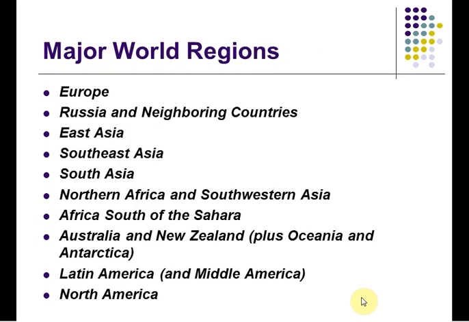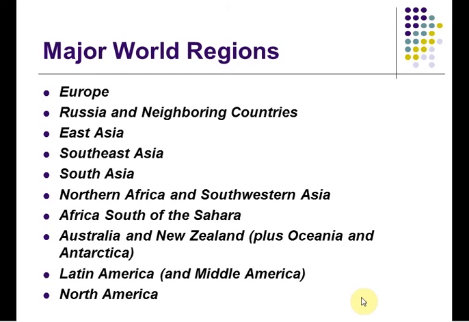So major world regions. As I said a few minutes ago, different books that I teach out of divide the world up into different regions. For the most part, there's a lot of similarities or a lot of consistency in some of these regions.